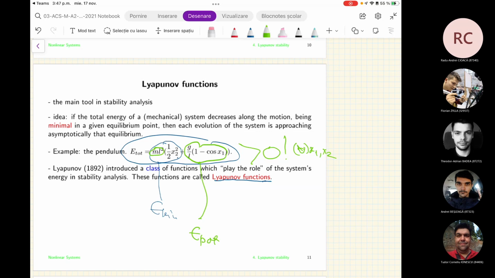Okay, Lyapunov functions must be positive definite. And what happens to this energy? Think about the swinging pendulum. It decays, exactly. So the pendulum is swinging back and forth, slower and slower. Why is it decreasing? What's causing the decrease of energy? Some friction. Exactly.